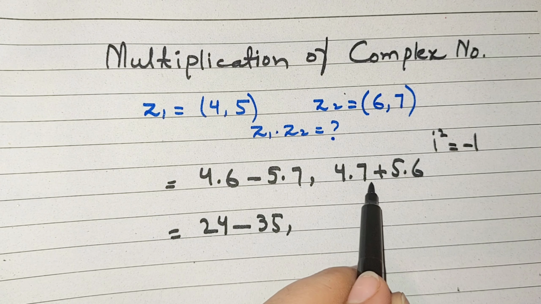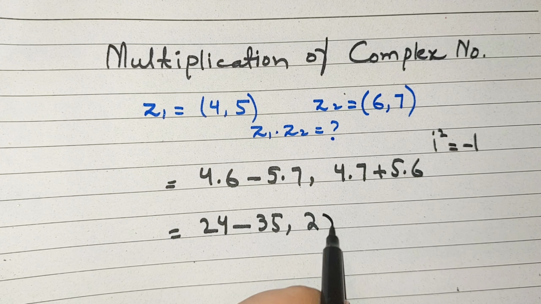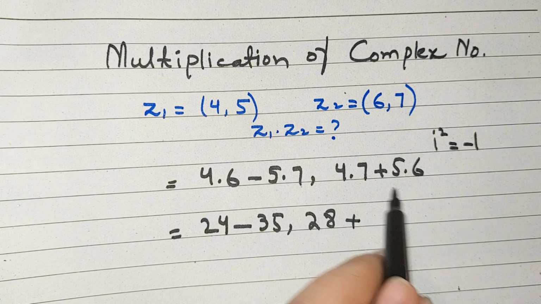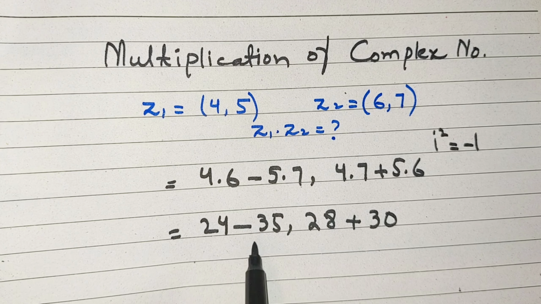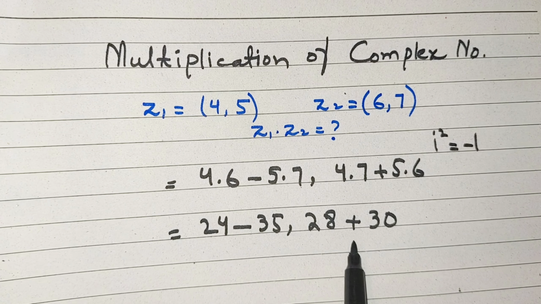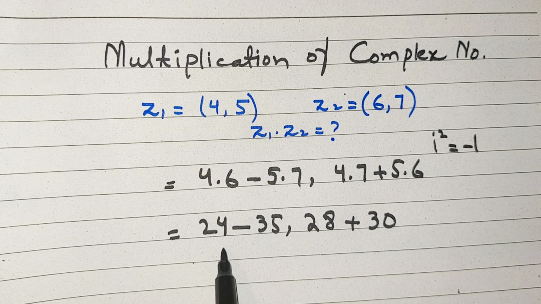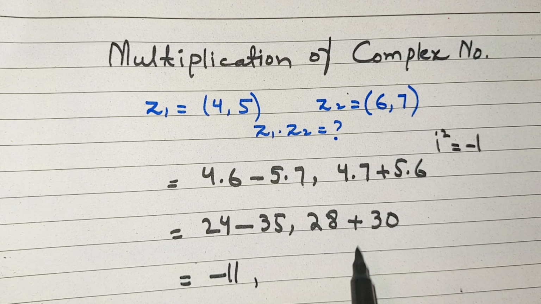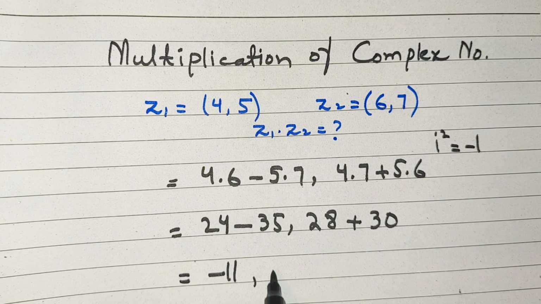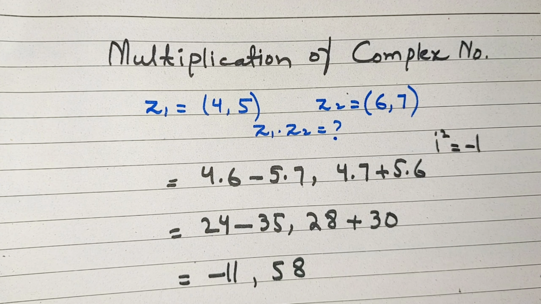Further 4 multiplied by 7 will be equal to 28, and further that will be 30. And further, we will simply subtract them and simply add them. So 24 minus 35 will be equal to minus 11, and here 28 plus 30 will be 58. So this is the answer.